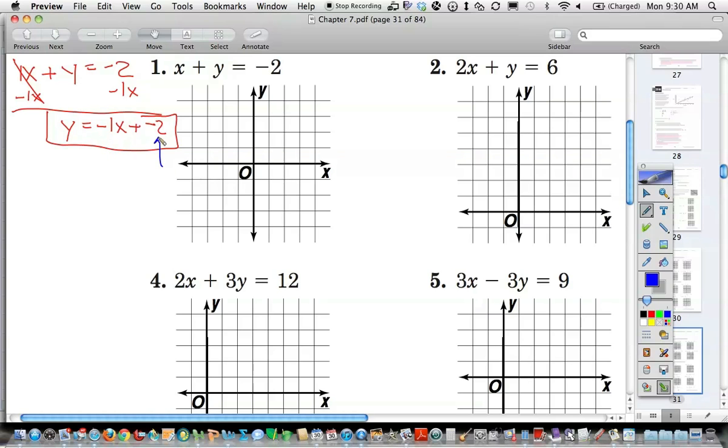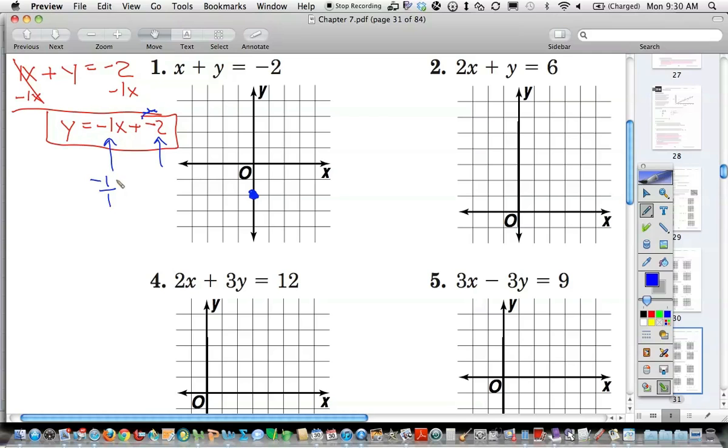So what's this negative 2? Starting point. That's our starting point. So we're going to go right down here to negative 2. Once you get the y by itself, guys, you just got a starting point. And then what do we do with the negative 1 here? Everybody look up here. It's not a fraction.